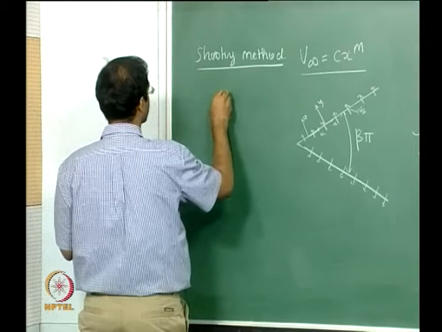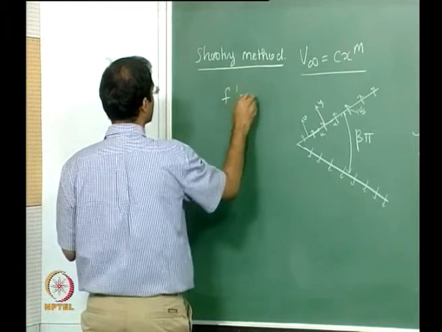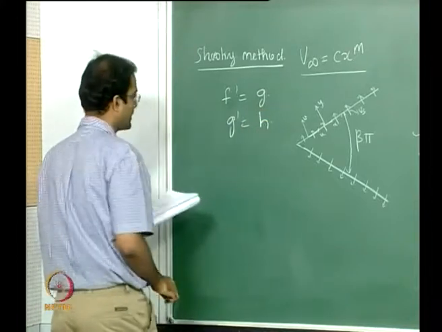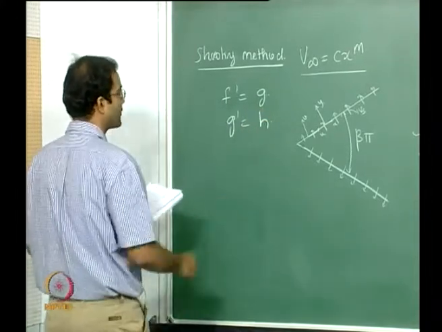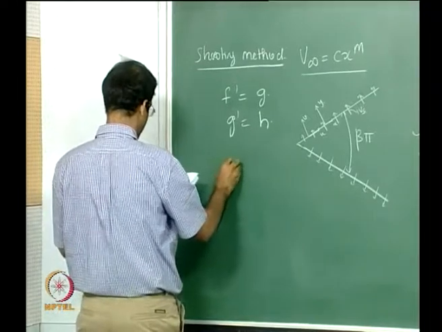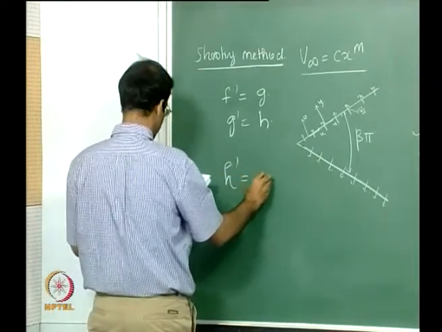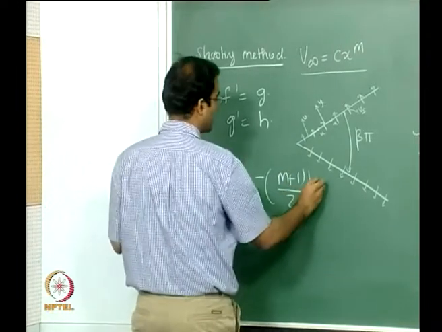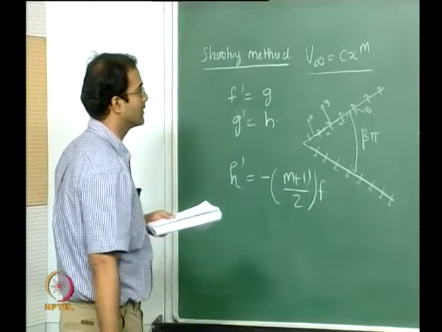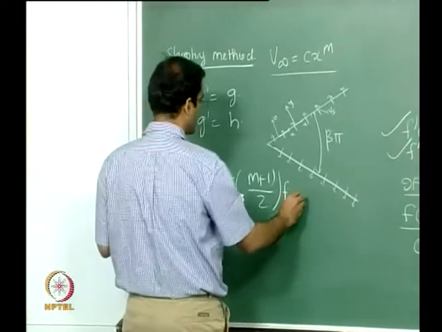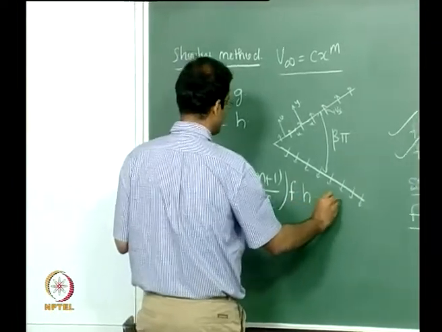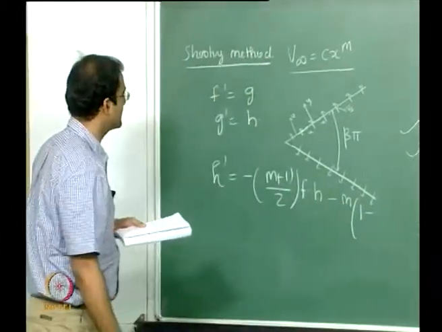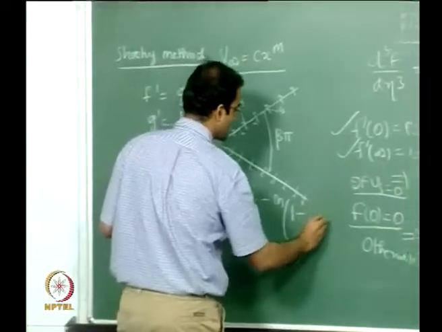Now you say your f prime equal to g, g prime equal to h, and therefore what will be the corresponding equation? This will be h prime is equal to minus of (m plus 1) by 2 into f into h, plus m into (1 minus g square).